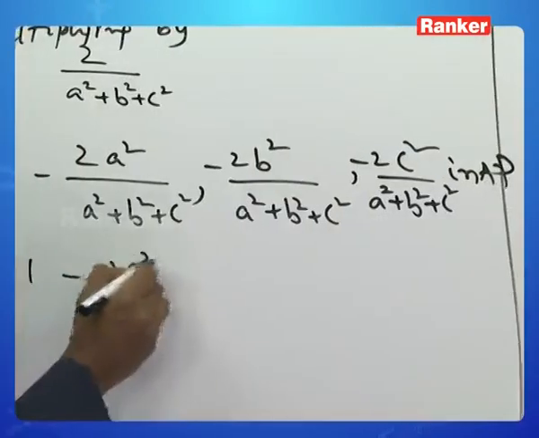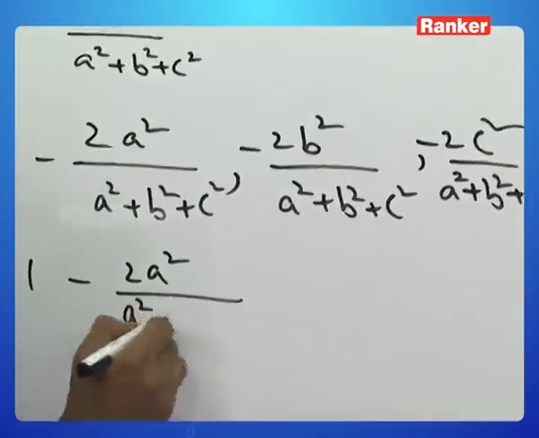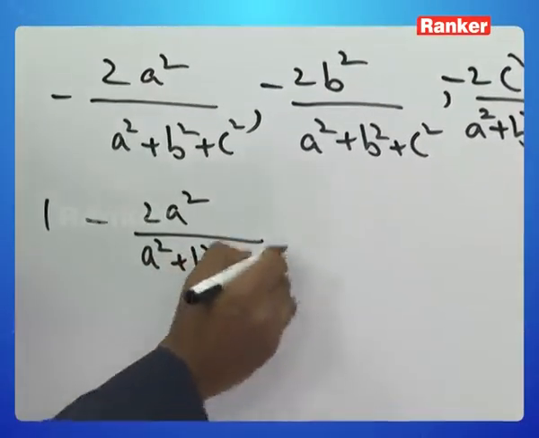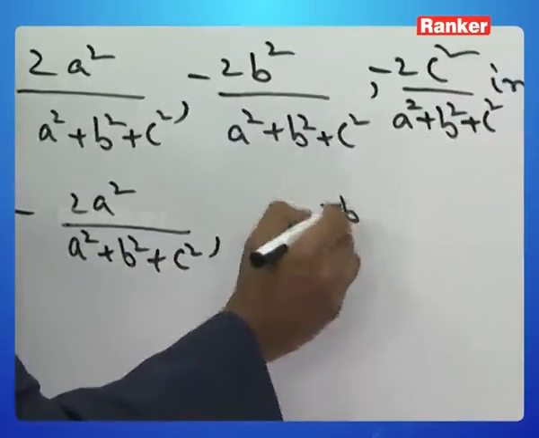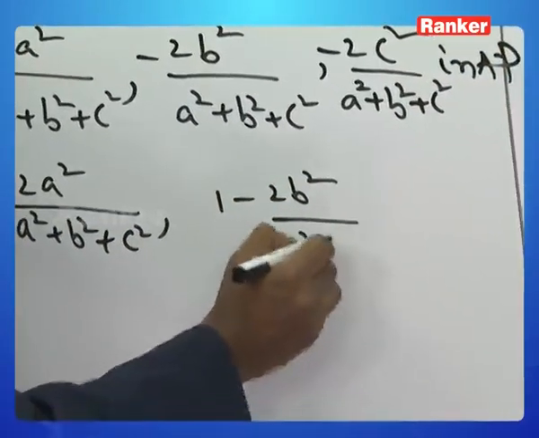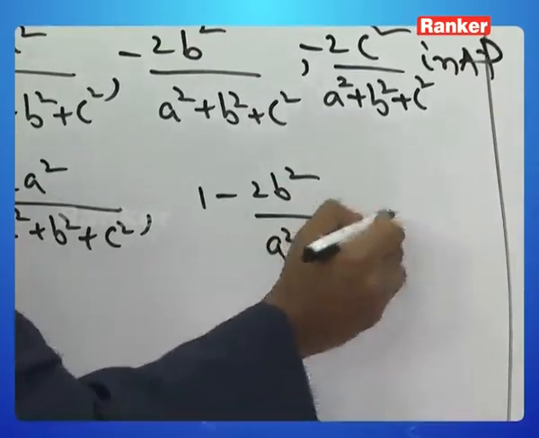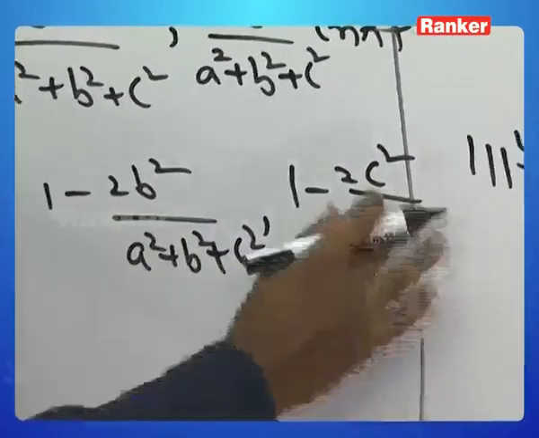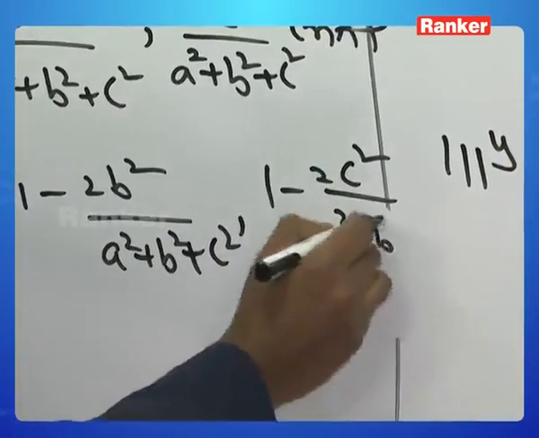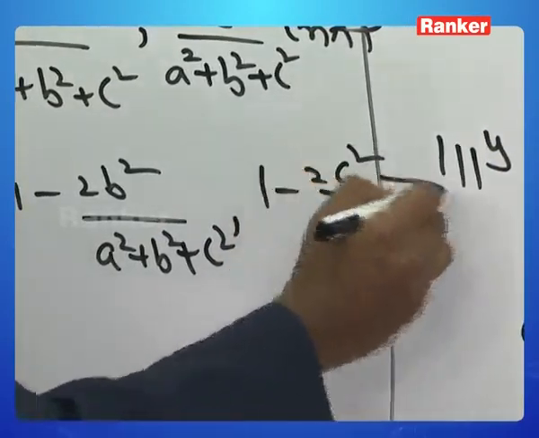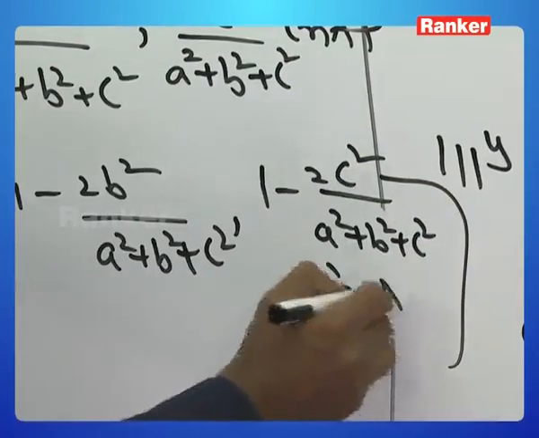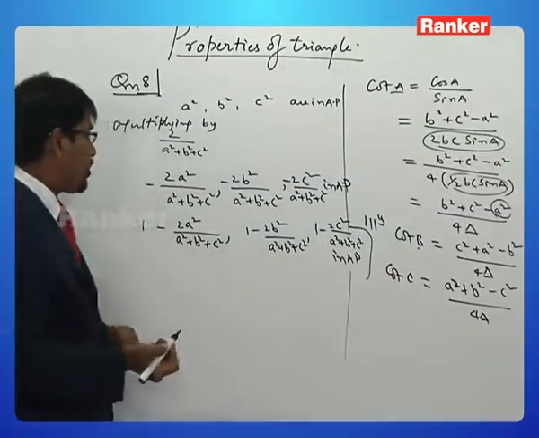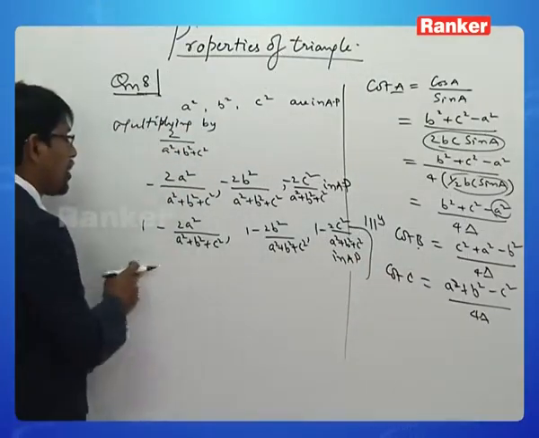So, 1 minus 2A square by A square plus B square plus C square, 1 minus 2B square by A square plus B square plus C square, 1 minus 2C square by A square plus B square plus C square. All these three quantities will still be in arithmetic progression. But what is this coming out to be?